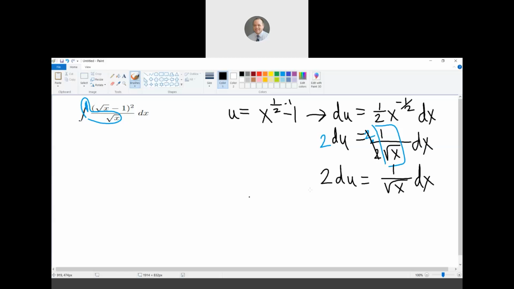Now we can plug 2 du in place of 1 over square root of x dx. So I pull the 2 out. The 1 over square root of x dx is our du, and square root of x minus 1 was our original u, and it's being squared.